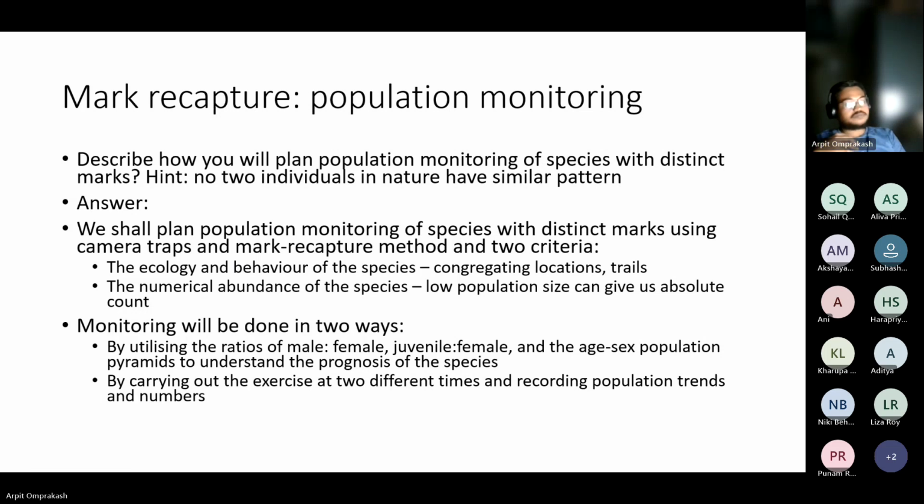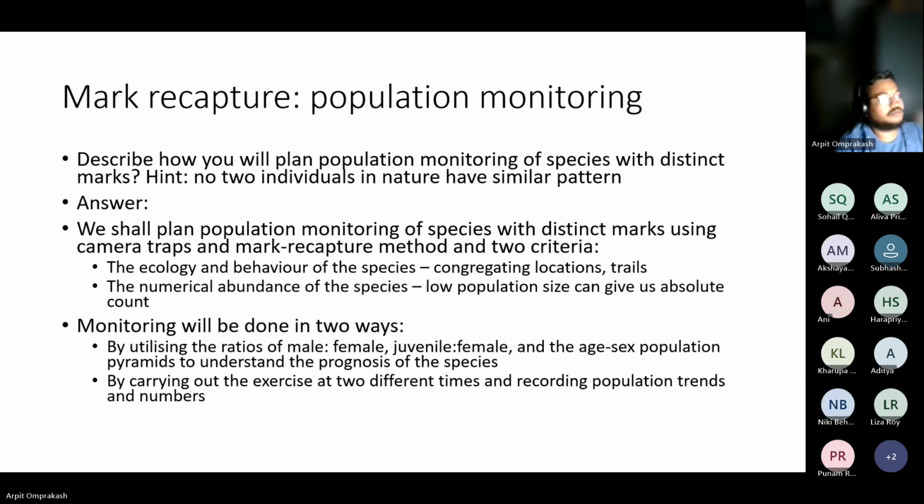So let's say we have a question like, how will you plan to monitor the population of a species which has distinct marks? For example, tigers might have different striped patterns. Based on the striped patterns, you might be able to identify each individual of a species like tiger.